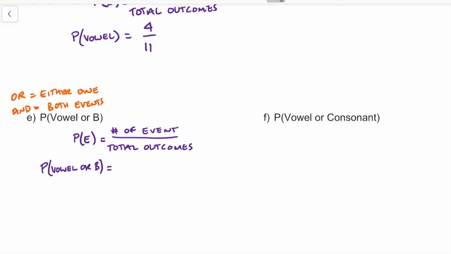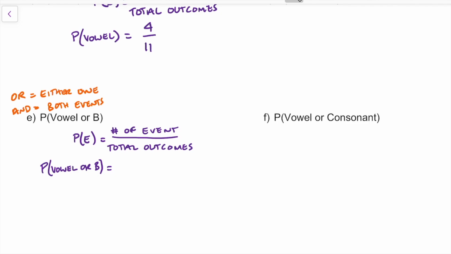So or means either of them can happen. But and, if you see the and, it means both of them have to happen at the same time. Now, vowel or a B, they can't be an and because B is not a vowel. So we're using or. Okay?